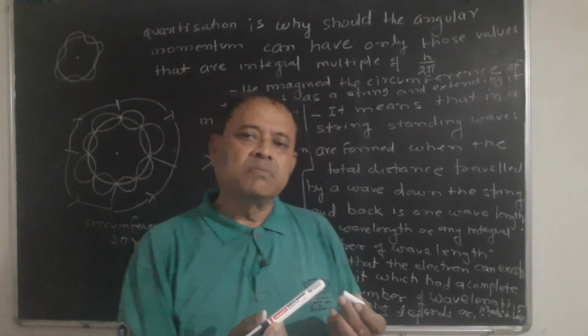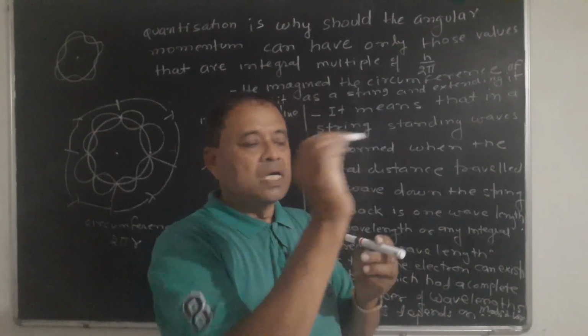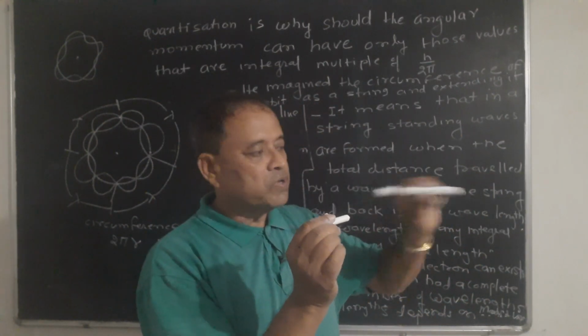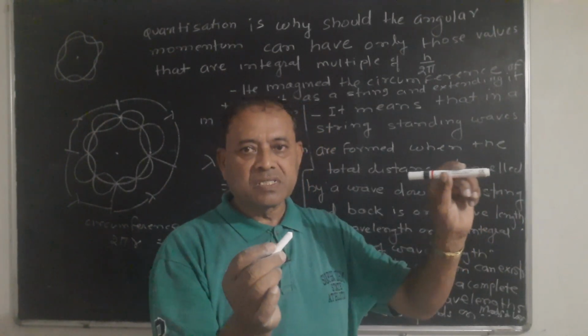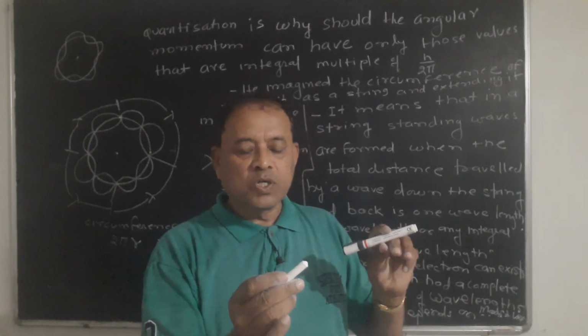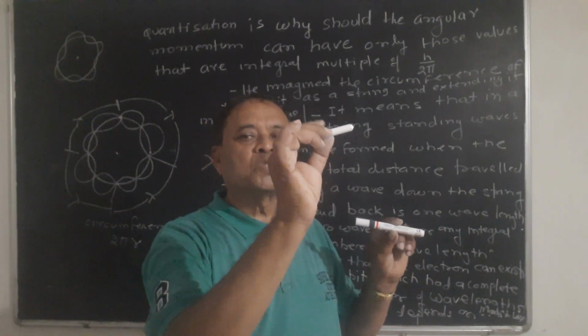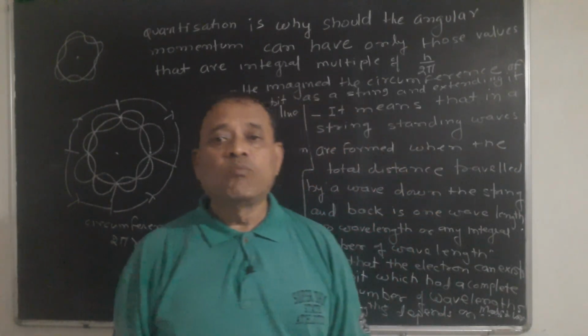So what is momentum? The quantity of motion. The chalk has less mass than the marker, so its quantity of motion is less than the marker's. That is momentum.